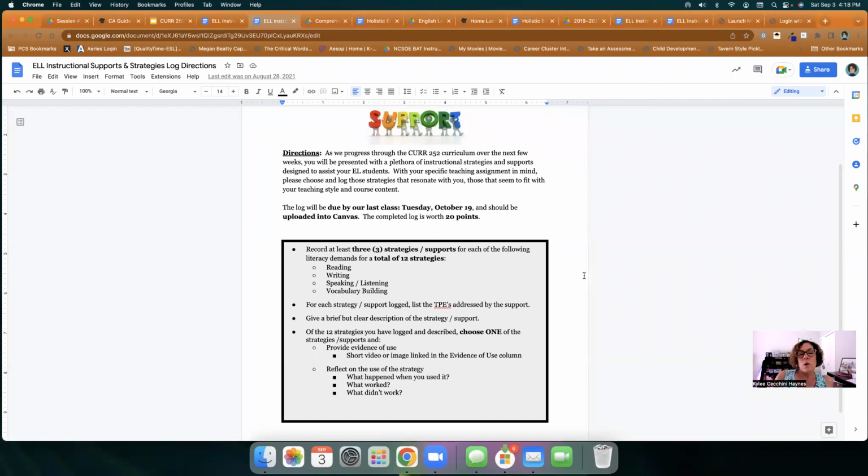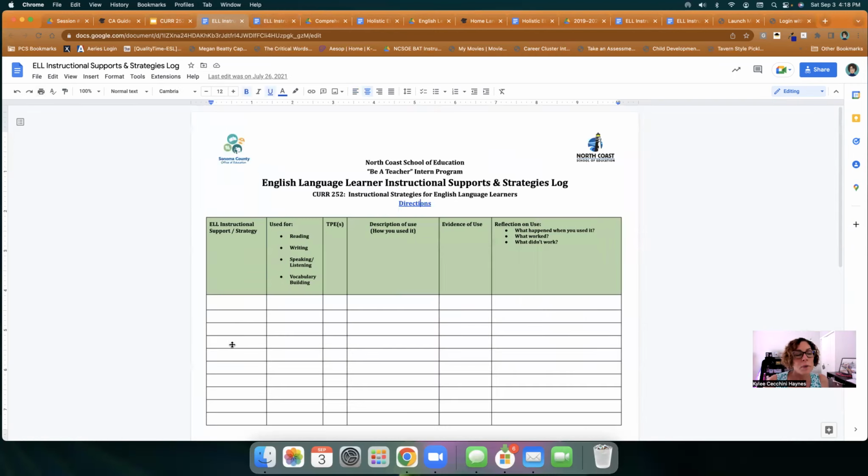You're going to record at least 3 strategies or supports for each of the following literacy demands. You'll list 3 strategies that can be used for reading support, 3 for writing, 3 for speaking and listening, and 3 for vocabulary building. So you'll have on your log a total of 12 strategies, right? So you will see there will be a total of 12.